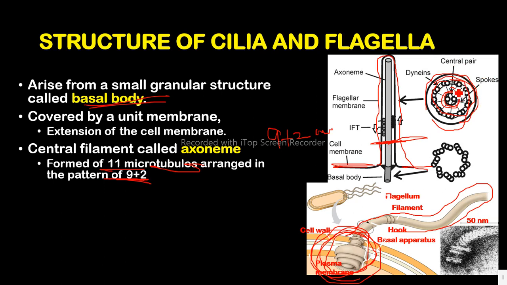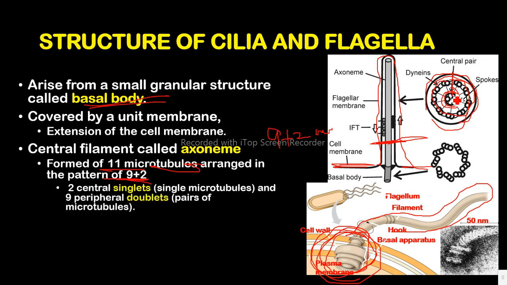You can see this is 1, 2, and then this is 1, 2, 3, 4, 5, 6, 7, 8, 9. That's what we refer to as the 9 plus 2 arrangement of microtubules, and it is the same in both cilia and flagella.